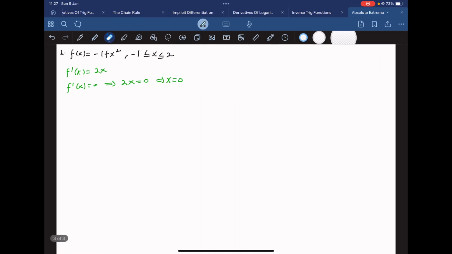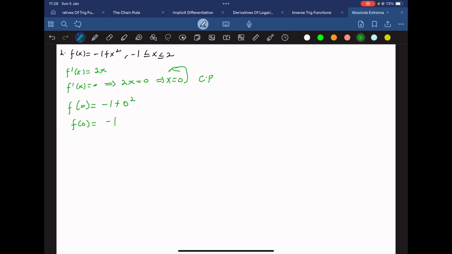In this case, when we have x is equal to 0, now 0 is within negative 1 and 2. So we can see that indeed x is equal to 0 is a critical point. Now, since this is a critical point, we can go ahead and evaluate f of 0. So f of 0 is just negative 1 plus 0 squared, and this is equal to negative 1.